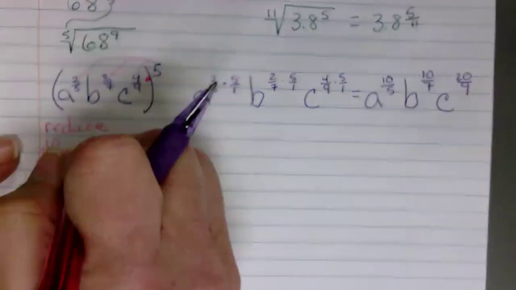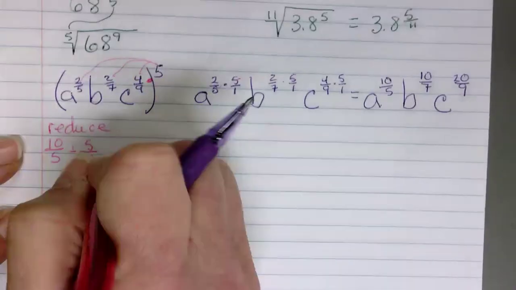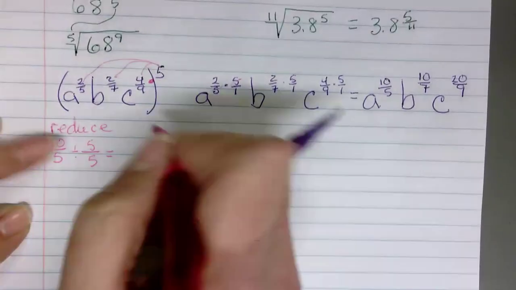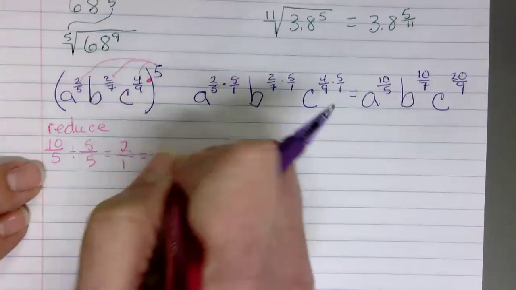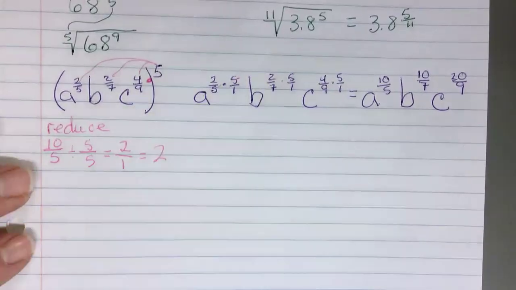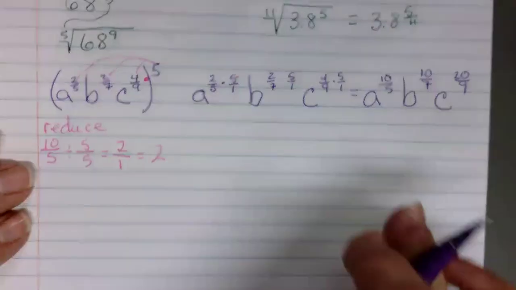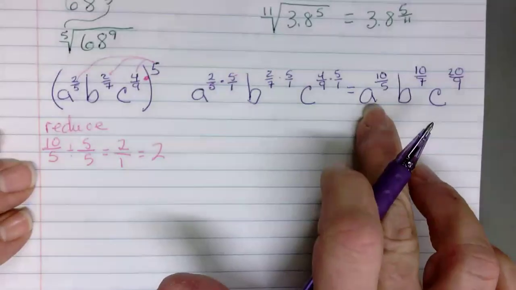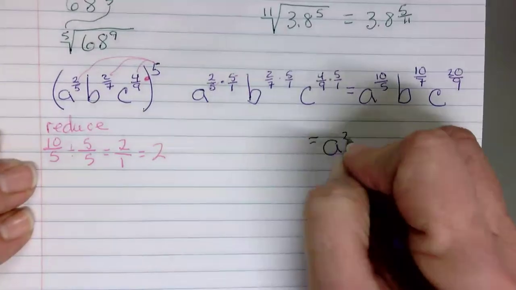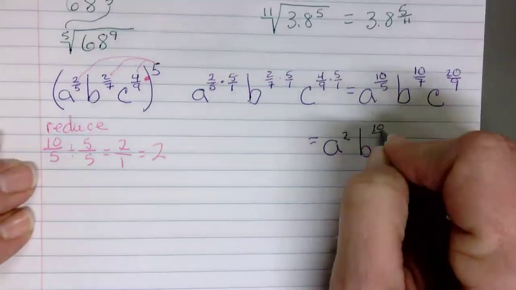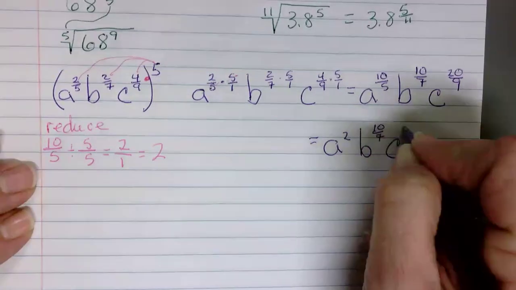Yeah, we're going to reduce it by 5 over 5. So 10 divided by 5 is 2. 5 divided by 5 is 1. 2 over 1 is 2. So this a to the 10 over 5 is just going to change to be a squared, b to the 10 over 7, c to the 20 over 9.